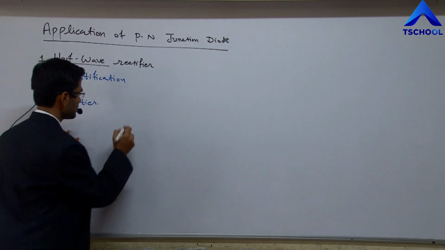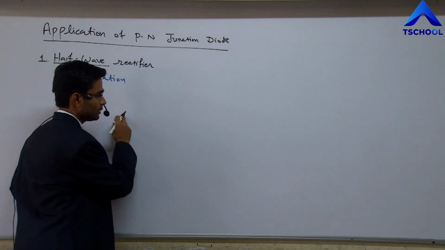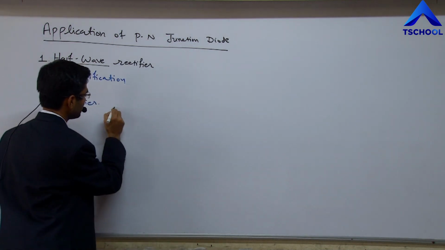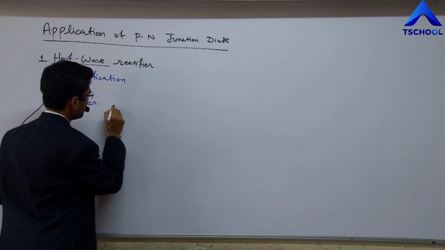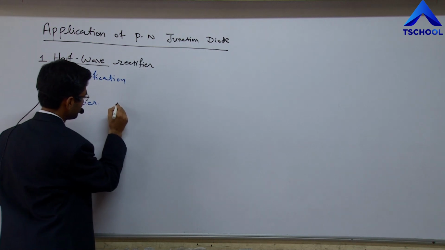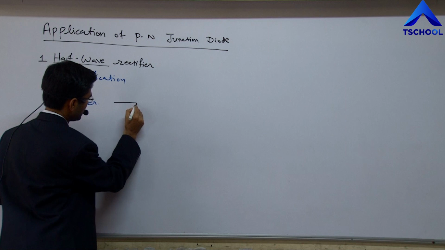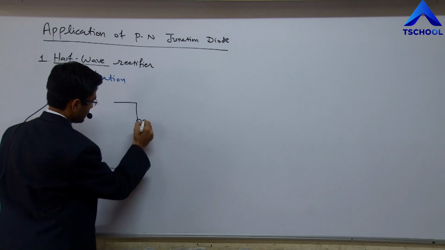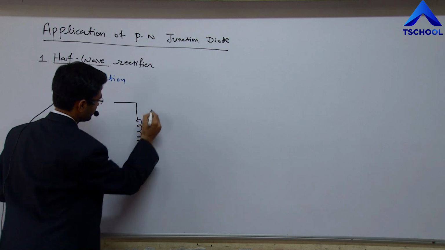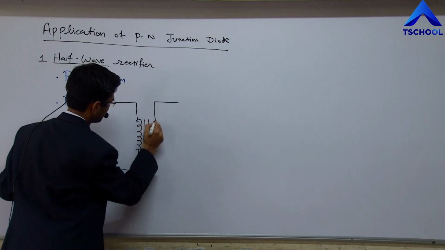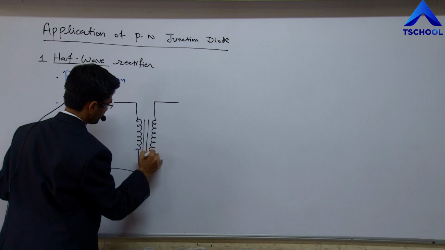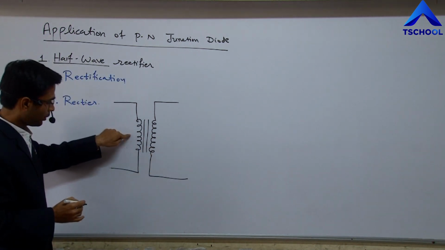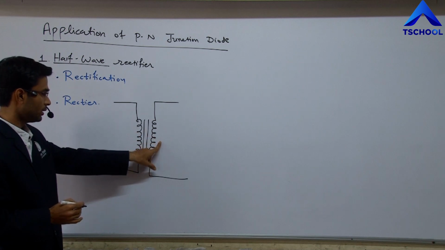So first, we have seen a transformer near our home. The symbol of the transformer: a straight line, and coils, first coil and second coil, the secondary coil.